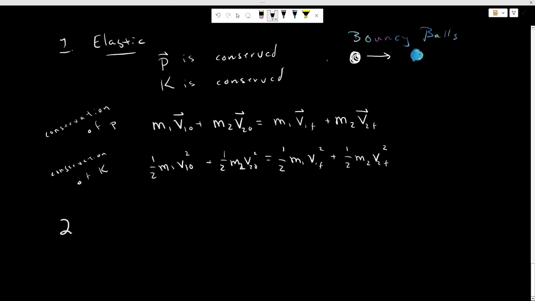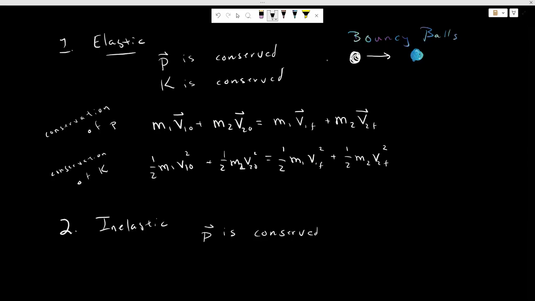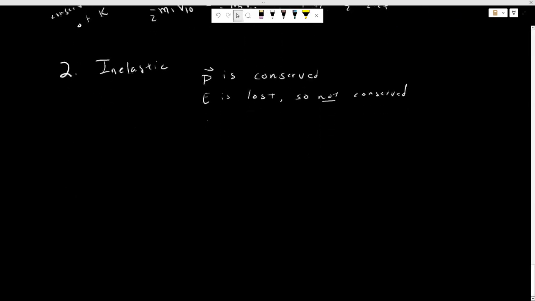So now 2, inelastic. Here we still have p is conserved. However, energy is lost, so not conserved. Right?